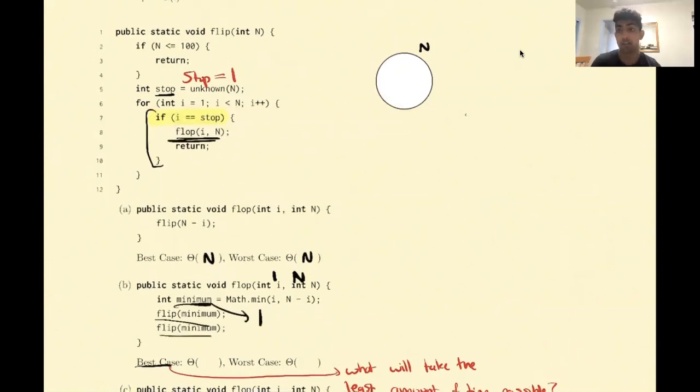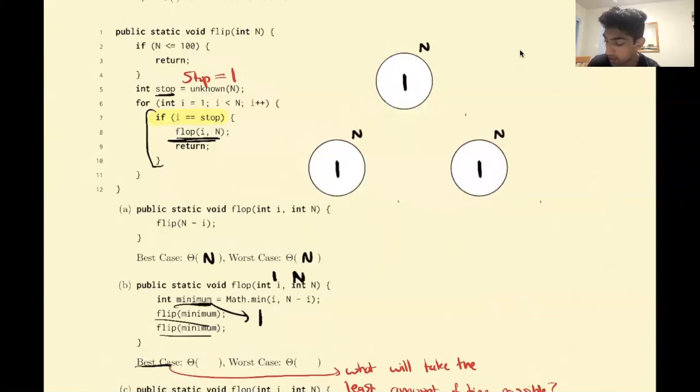So looking at that first call to flip, we see that we're doing one work and we issue two calls, where we do flip of 1, okay? And then we can see that both of these calls hit our base case, right? So in that case, they terminate immediately and they do a constant amount of work.